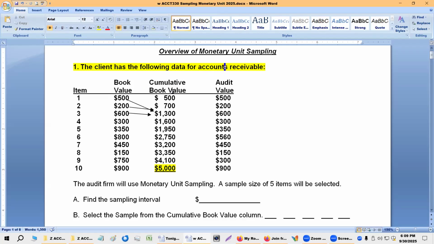So which item puts us over 1,000? Item number 3. Yep, this is the one that crosses that line.